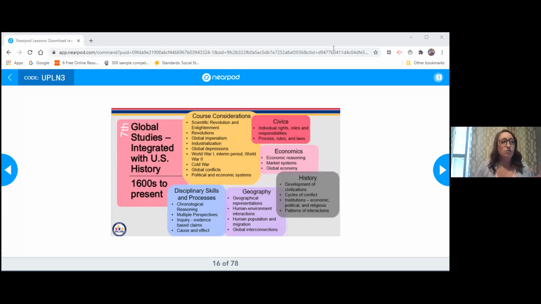So 7th grade is global studies, like I said, integrated with US history. So I tried to tell my teachers like 70-30, but it's from the 1600s to the present. So it's extremely relevant to our students. You still get the revolutions in there that kids really like to learn about. You get all of the world wars that they really like to learn about. So 7th grade is a really fun grade to teach.